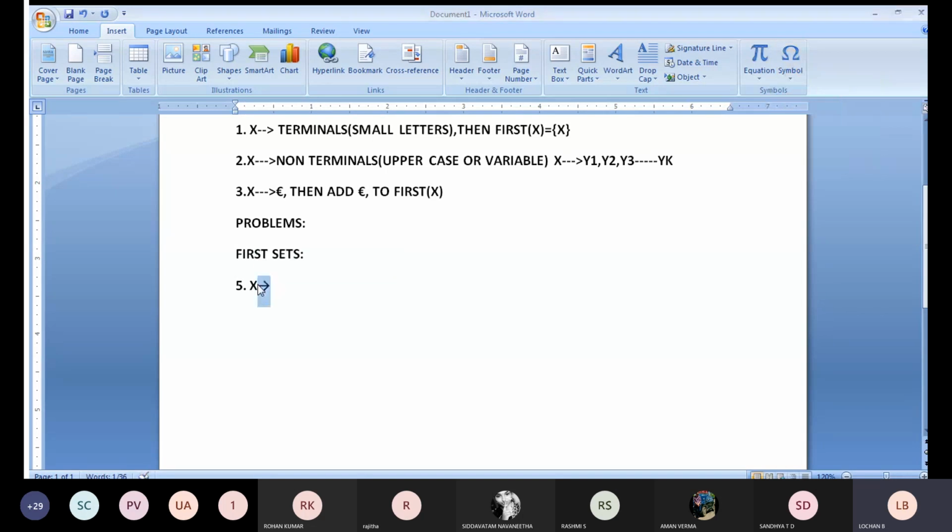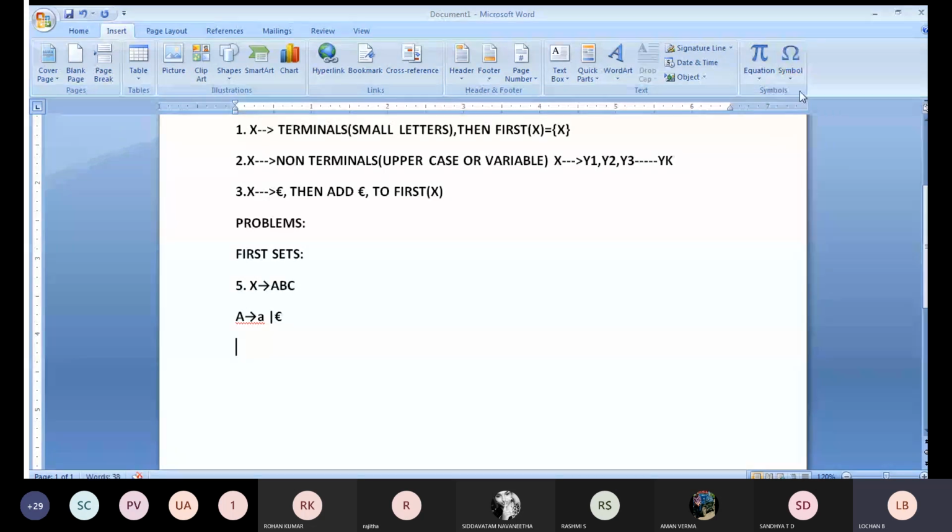So we are going to continue the production. X implies capital ABC. A implies small a or epsilon they may give.